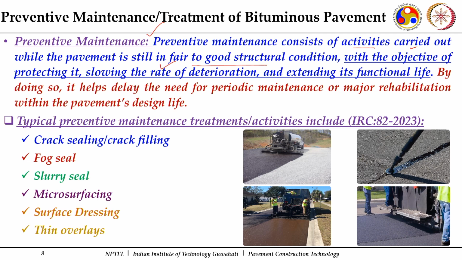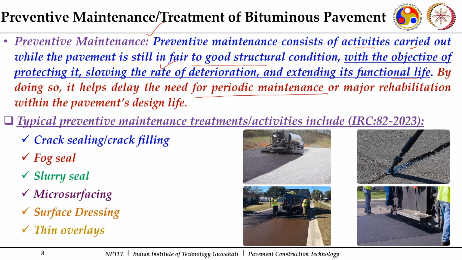So, we are trying to slow down the rate of deterioration. If we slow it down, that means we are extending its service life or functional life. By doing it, it helps to delay the need for periodic maintenance.